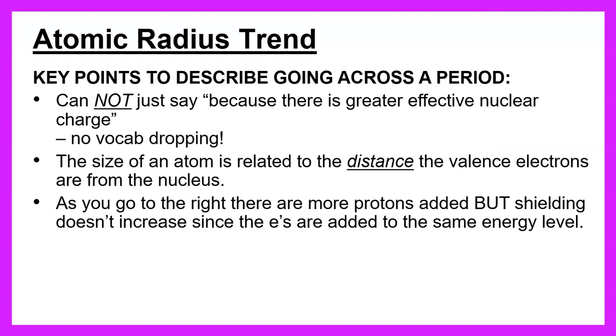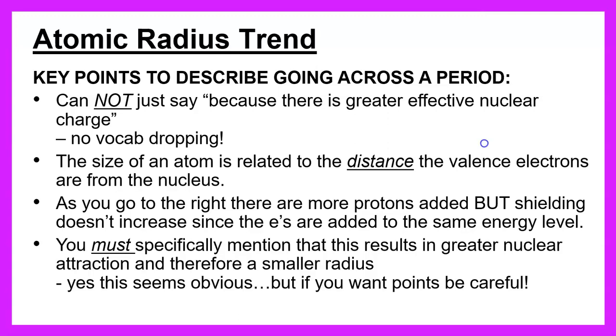You have to account for the fact that you are also adding more electrons, but effectively it doesn't matter, because they're in that same energy level. You also need to be specific and say, because there's greater attraction, it pulls those electrons in closer, therefore a smaller radius. Yes, we understand if they're more attracted, it's going to be closer, but you have to be explicit. You have to show them that you understand that connection.